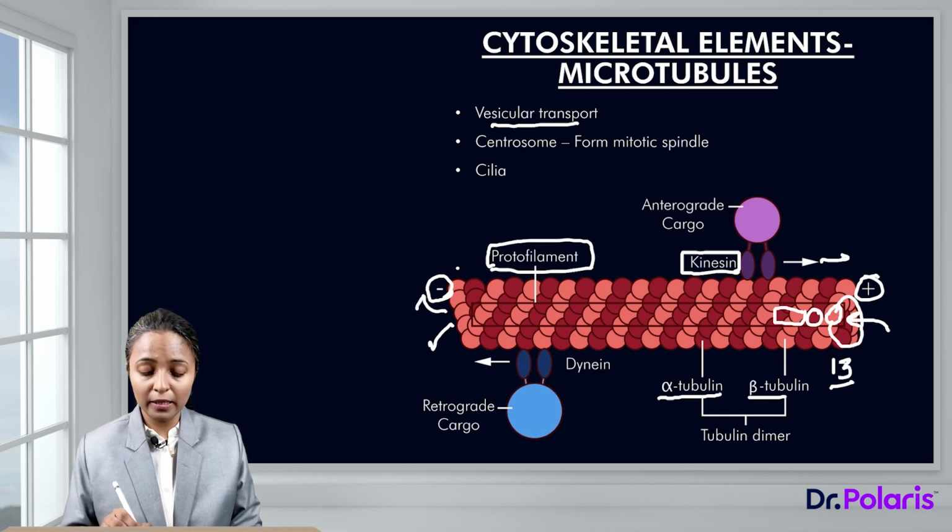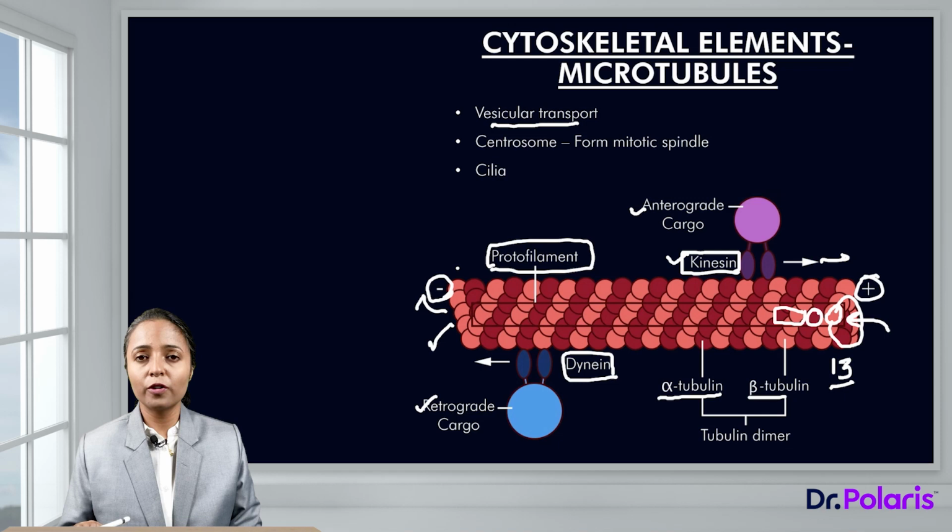On the other hand, there is dynein, which carries the substances from the positive end to the negative end of the microtubule. So this transport from the negative to the positive end by molecular motor kinesin is basically occurring in anterograde direction, from negative to positive. The opposite direction is known as retrograde transport.